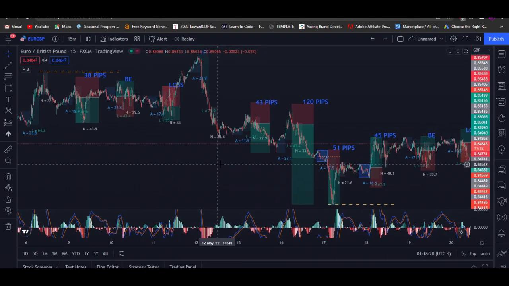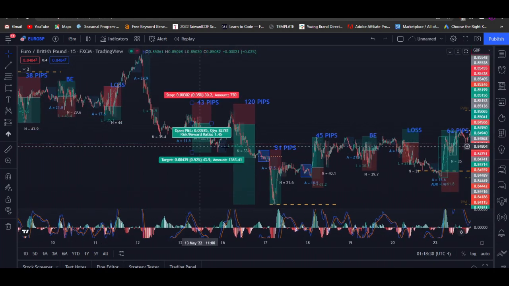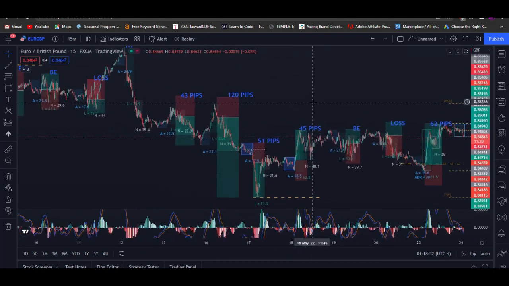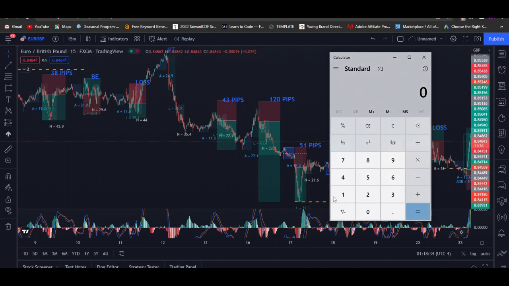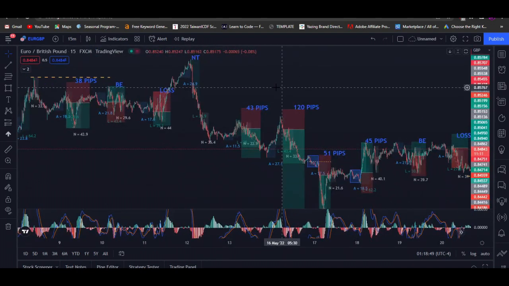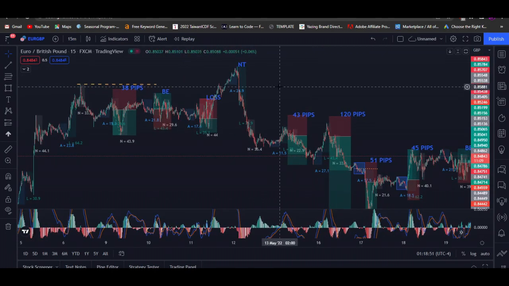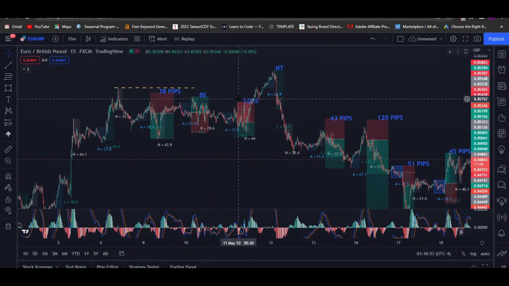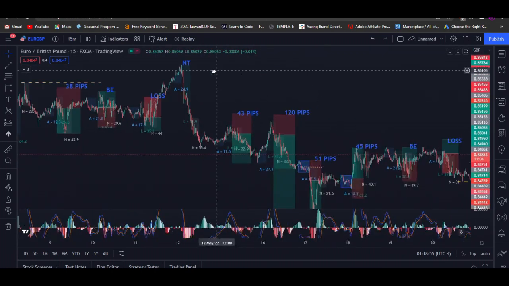Okay, so we have six wins and 2 losses. Let's calculate that. That's 8 trades. So we have 6 multiplied by 100 divided by 8, which is 75%. So based around these trades I took, there's a 75% win rate, excluding the break evens and no trades.